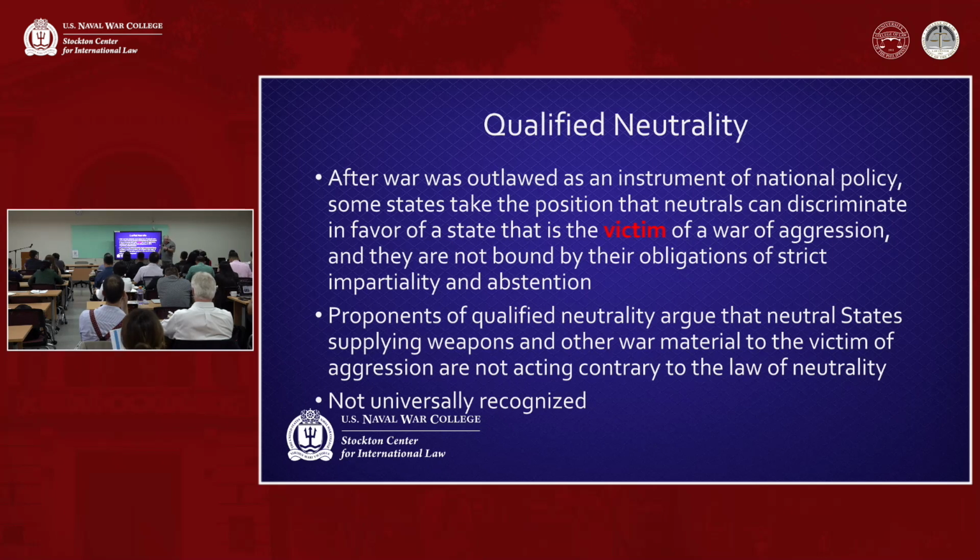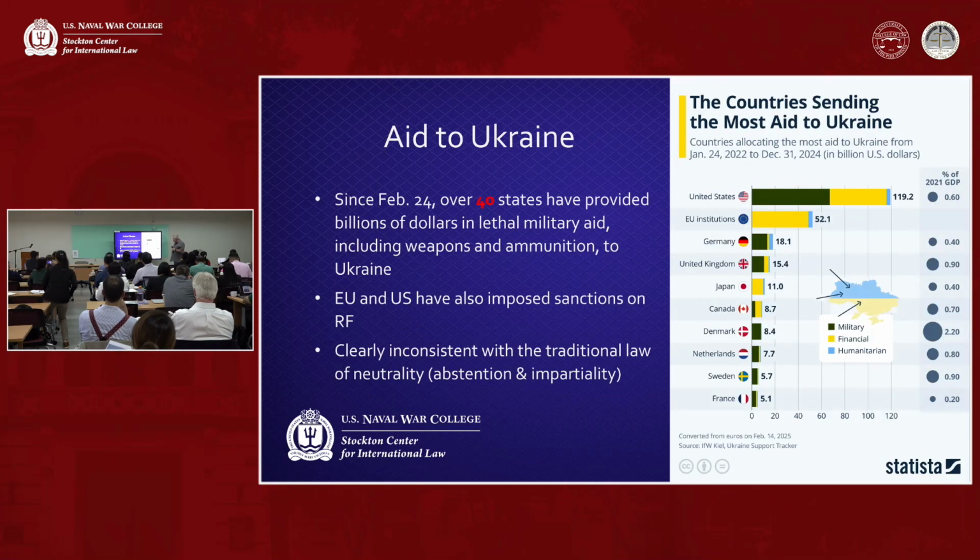So this qualified neutrality applies and allows for the provision of war-related materials to one of the belligerents in violation of the strict applicability of impartiality and abstention. This is not a universally recognized principle. It's my personal opinion, I don't think it's a good position, although my country adopts it.